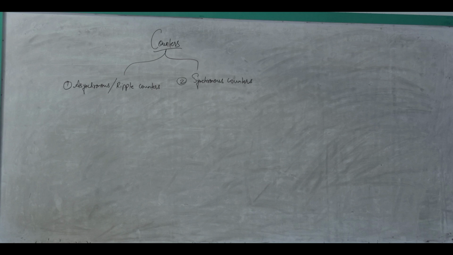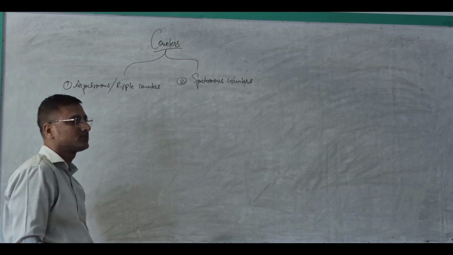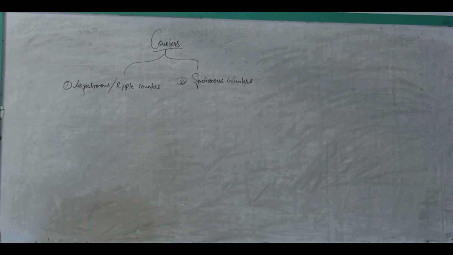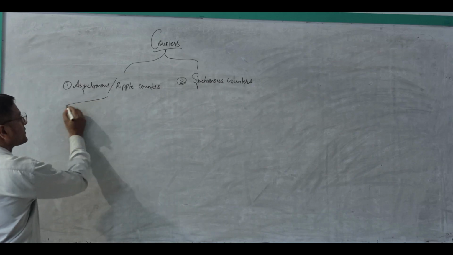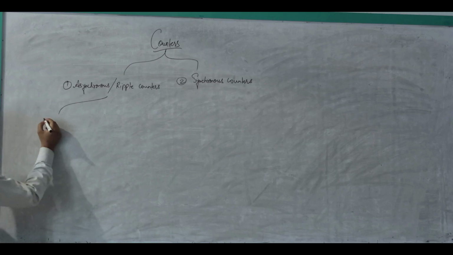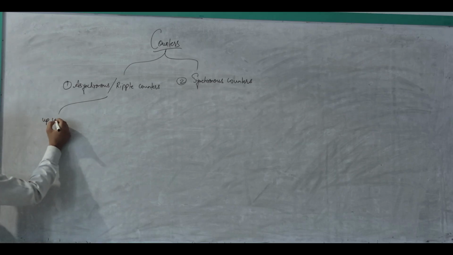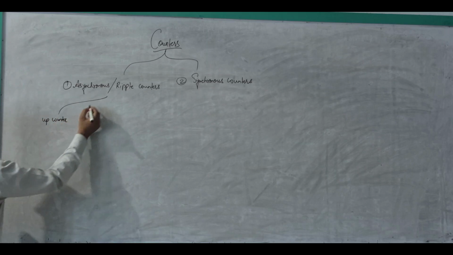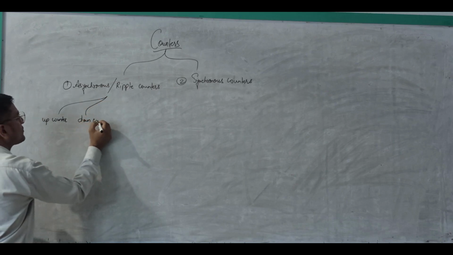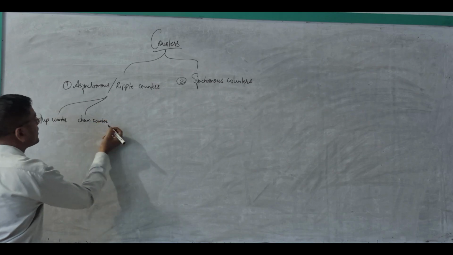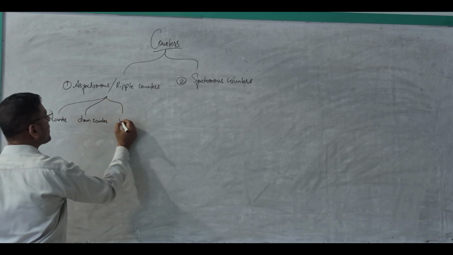Asynchronous ripple counters. Okay, so these are the types. I'll write the types: up counter, down counter, and up down counter.